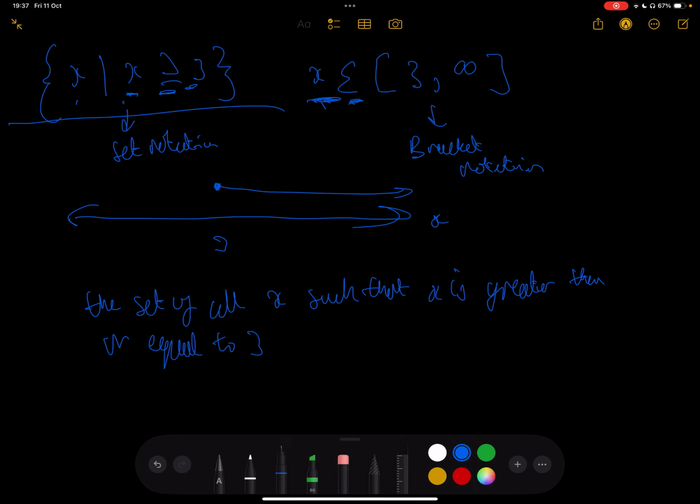Well, what does this mean? Well, it means that 3 is the lower limit of x. And as in this statement, x only has to be greater than or equal to 3, which means that the upper limit is infinity, as it can take any value that is greater than 3. Let's look at another.